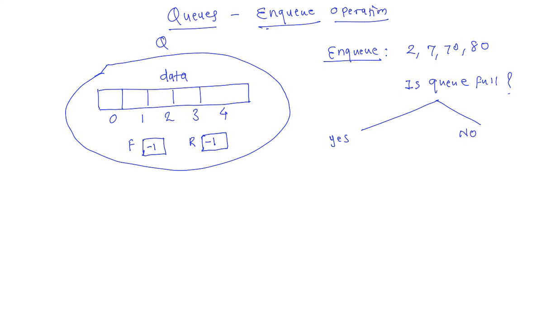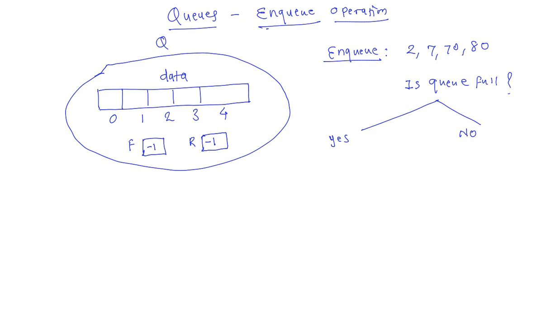What is the queue full condition? The queue full condition is that rear is storing the last location of this array, indicating that the last element is present at location number 4. So if rear is 4, there is no space left inside this queue. We cannot insert more elements in this queue.